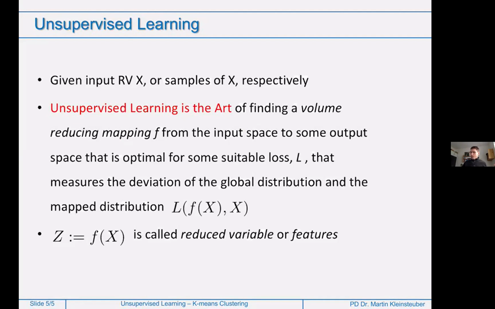Right? So we have, for example, here clusters, and we want to find optimal clusters, optimal in some sense. The map variable set of F is called the reduced variable, and it's also sometimes called features.